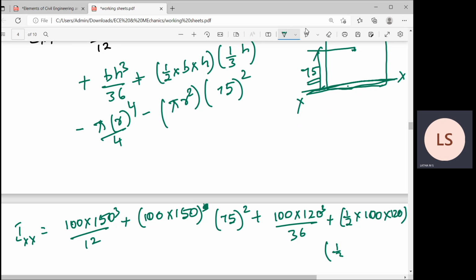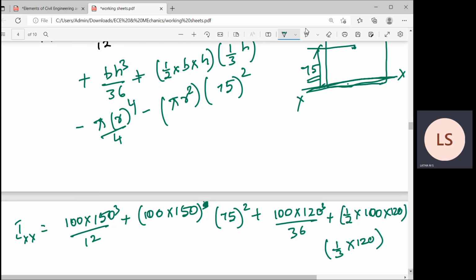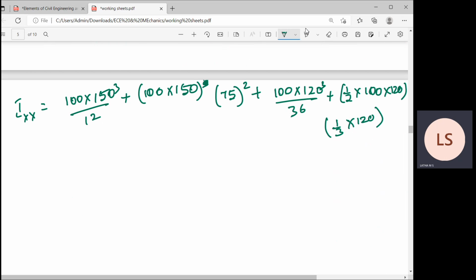One third of h, one third of 120, right? Minus the moment of inertia of the circle, pi r to the power of 4 by 4, minus the area pi r square into the square of the distance.